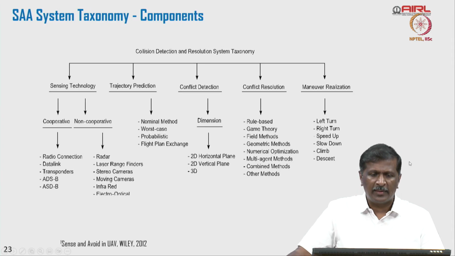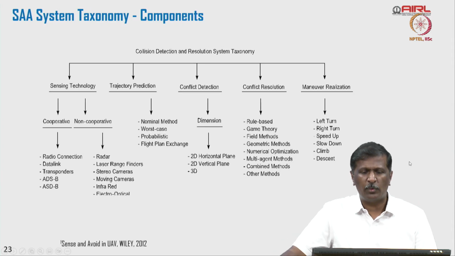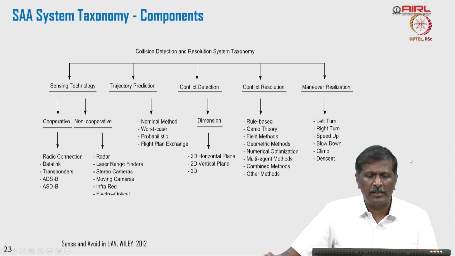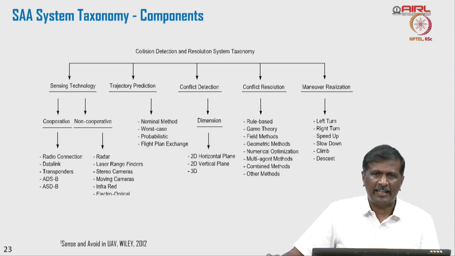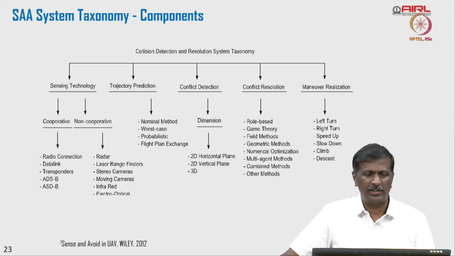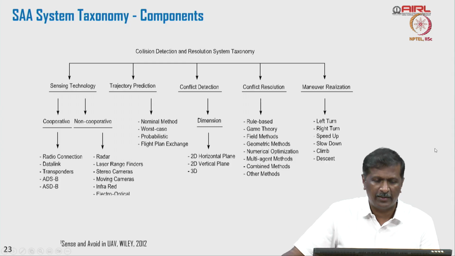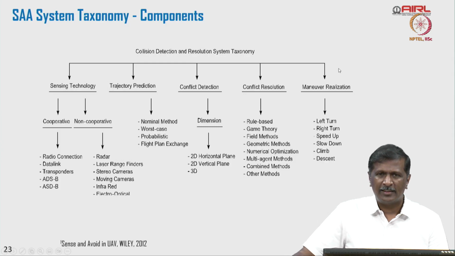Now let's look at collision avoidance in a holistic sense to understand the taxonomy of collision avoidance, or sense and avoid. Collision detection is one of the tasks. Resolution is also another task. Let's look at various aspects of it. What sensor technology is needed?